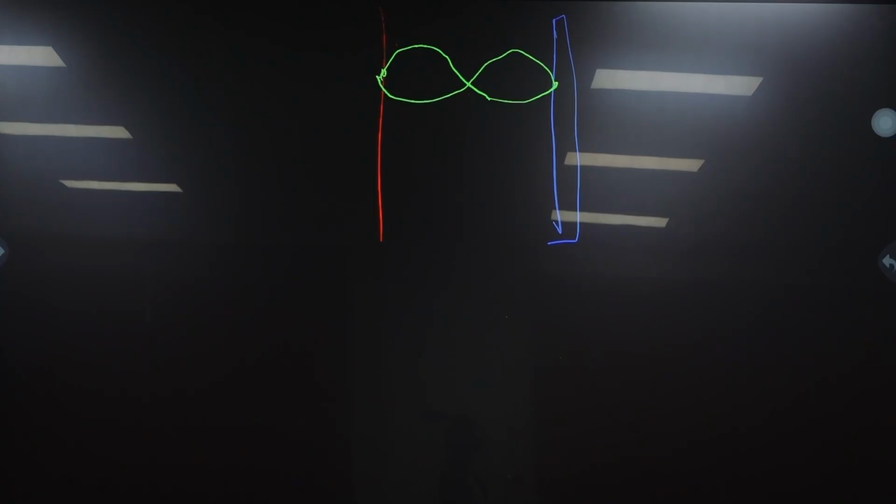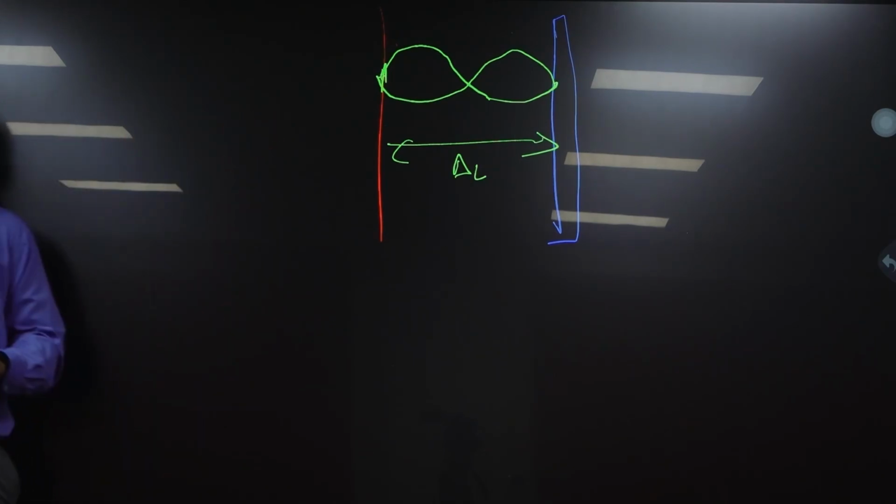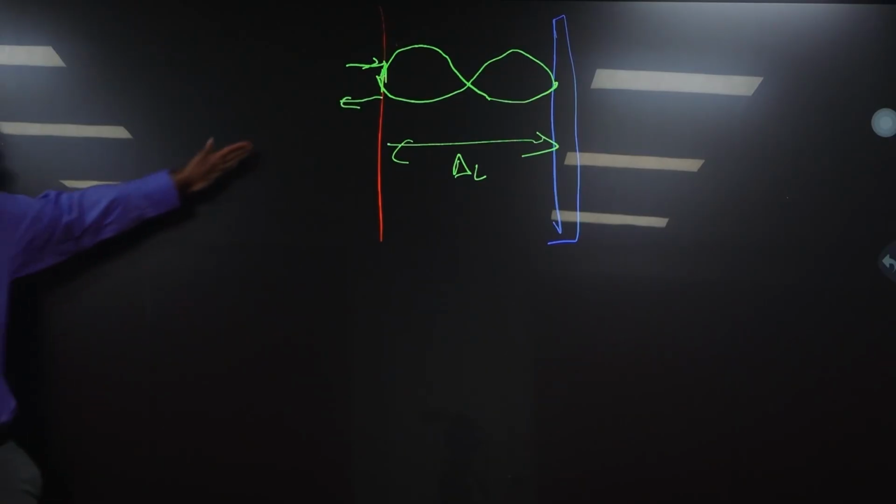If this length delta L is lambda or 2 lambda or 3 lambda for that one wavelength, then the light that is coming in this way and the light that comes back this way will interfere constructively.